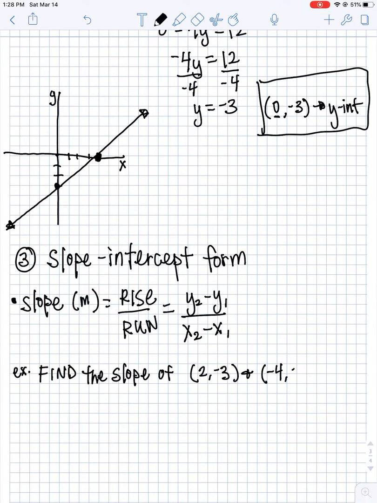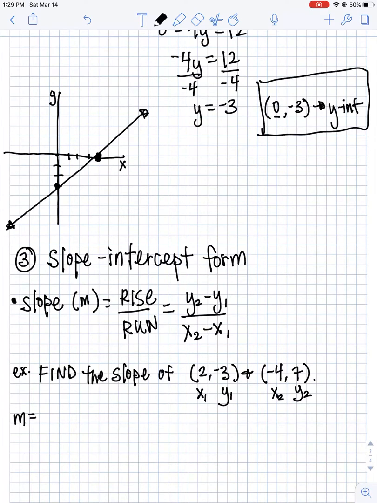I'm just making up. No, let's do -4, 7 to make it a little different. Okay, so I've got 2 ordered pairs. And if we were in class, I would make you label this so we know X and Y. Technically, guys, we call this X1 because it's our first X, and Y1 because it's our first Y. And this is our second X, and this is our second Y, okay?